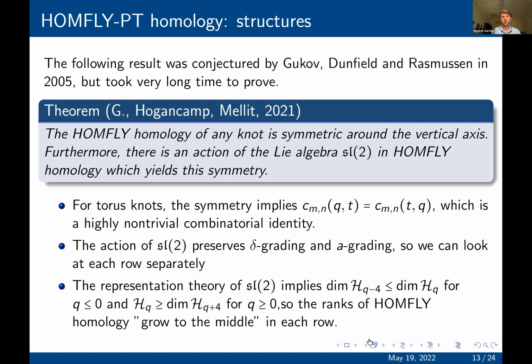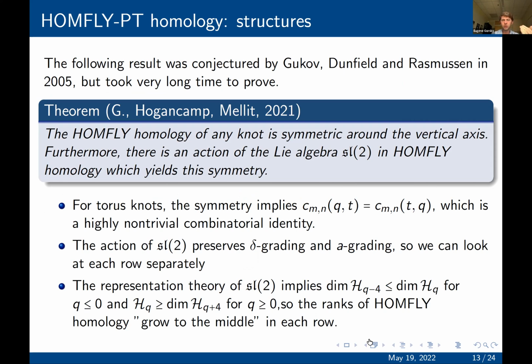Next I want to talk about some structures. What do we know in general about knot homology? The first structure, which you might have seen in the pictures from before, is that the homology is symmetric around the vertical axis.